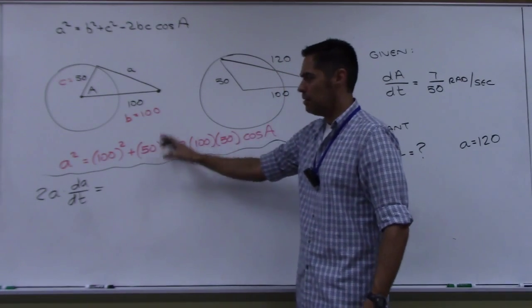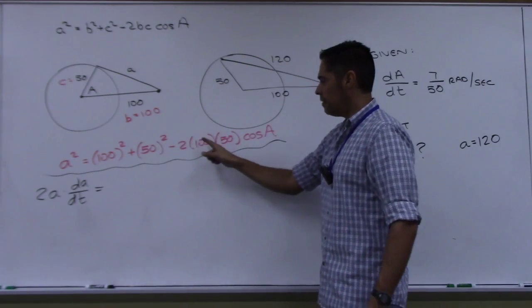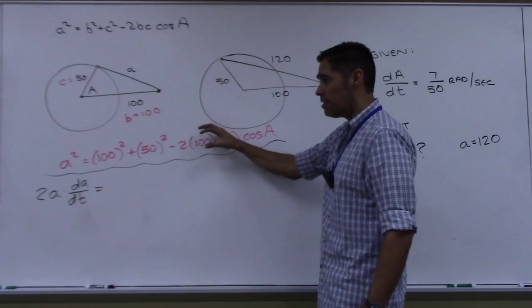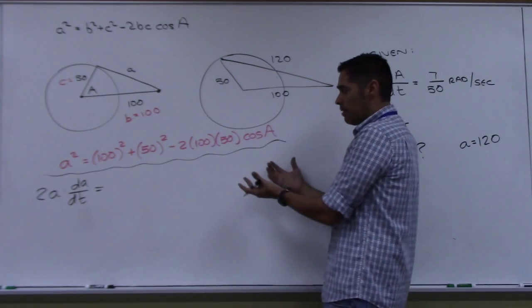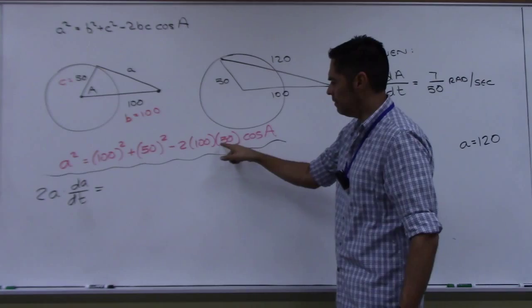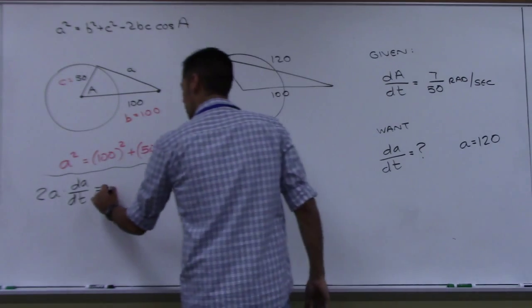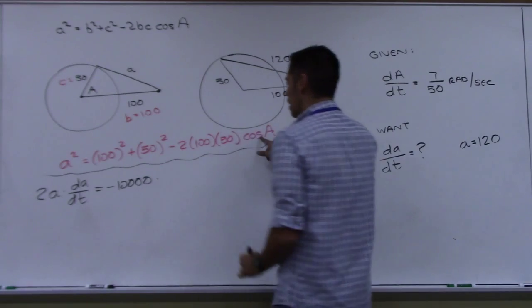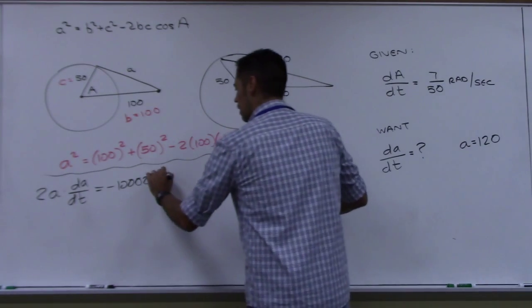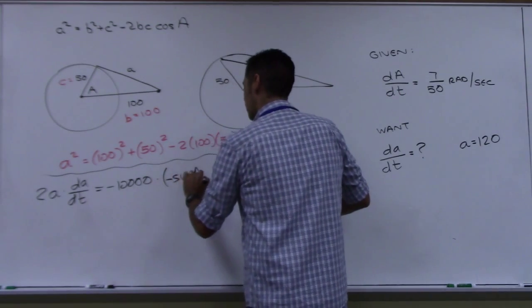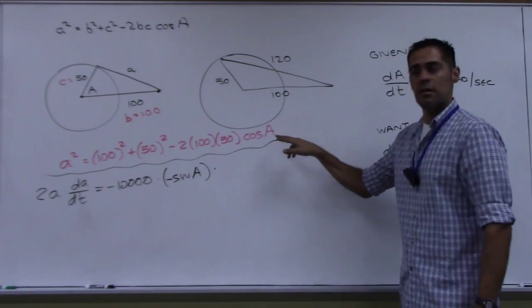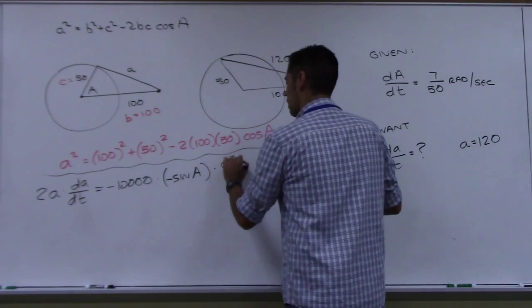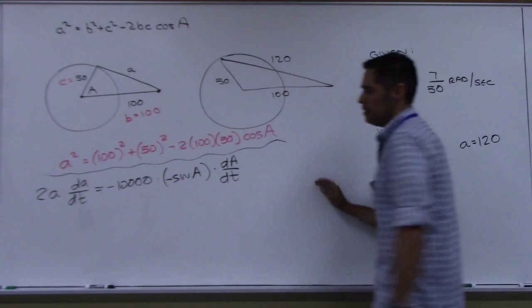Derivative of 50 squared? 0. Negative 2 times 100 times 50 is a constant sitting in front of a function, so it comes along for the ride. That's negative 10,000. Derivative of cosine of capital A is negative sine capital A times d capital A dt.